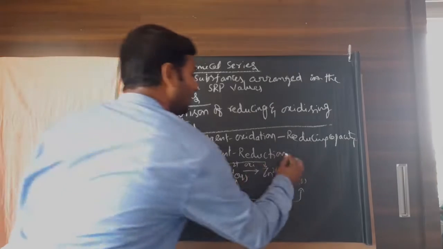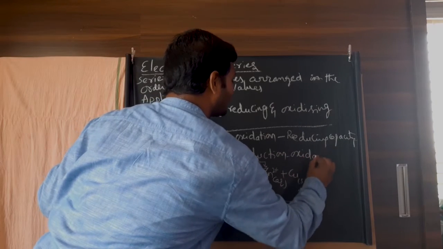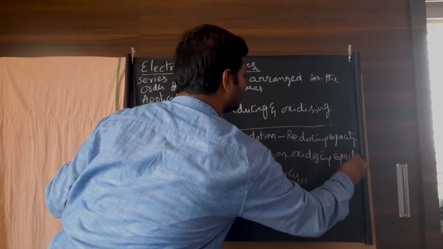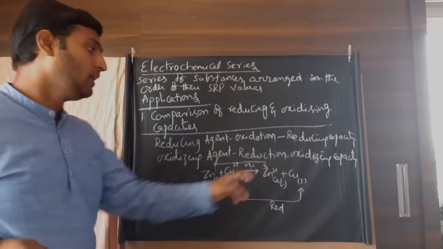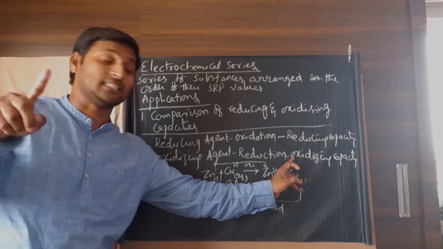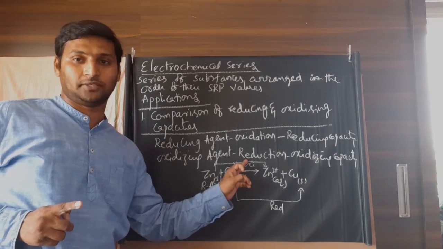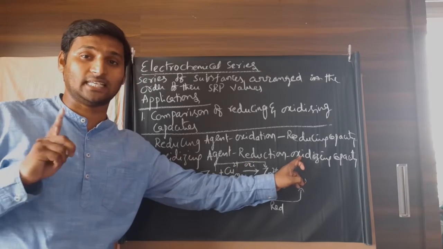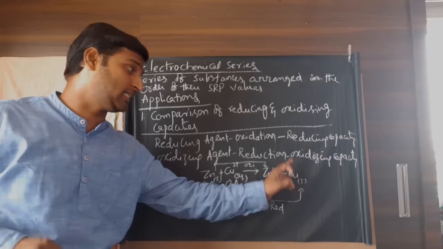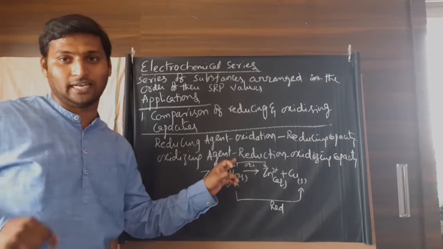Similarly, the capacity to cause the oxidation of another substance is called the oxidizing capacity of a substance. Now, to have high oxidizing capacity, the substance should be ready to undergo reduction. So, oxidizing capacity does not mean capacity to undergo oxidation, it means capacity to cause oxidation, that means capacity to undergo reduction.